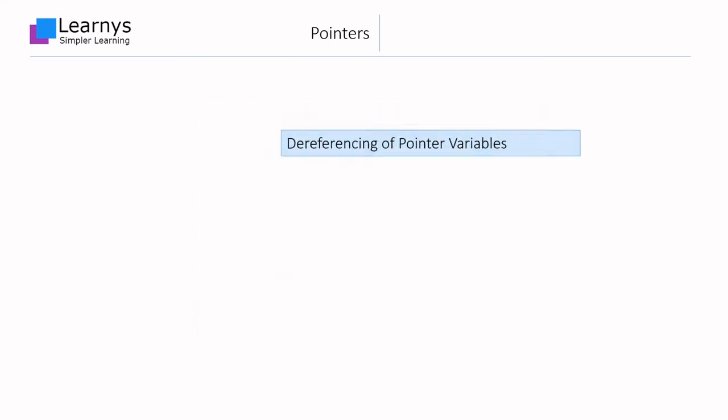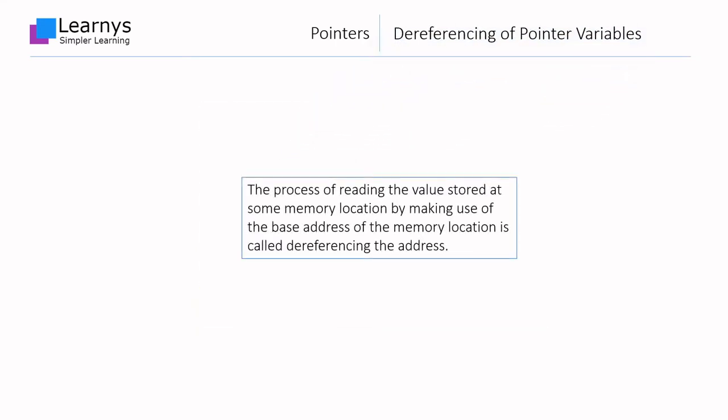The process of reading the memory value stored at some memory location by making use of the base address of the memory location is called dereferencing the address. The C language has a special operator for this purpose known as the dereferencing operator. Its symbol is the asterisk or the star character.